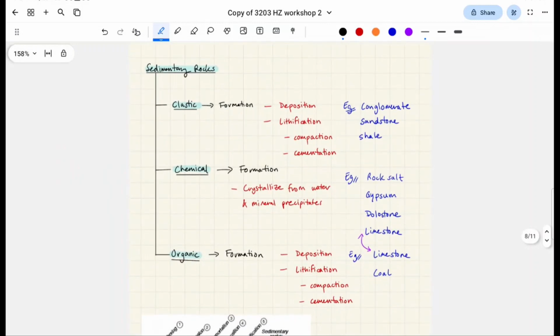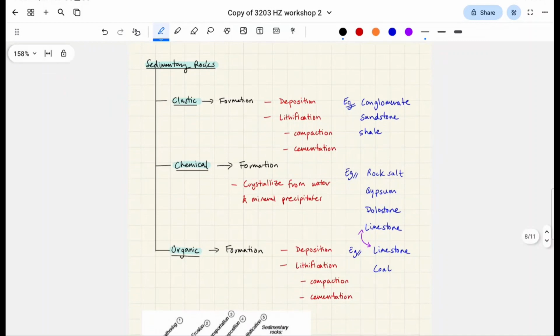Okay. For sedimentary rocks, basically you have three classifications. You have clastic, chemical, and organic. So it's just about how they form. Clastic is basically, there's a glue material and they stick together. So that's like sandstone, shale. Conglomerate's a new word, but it's basically just large pebbles or boulders being glued together.